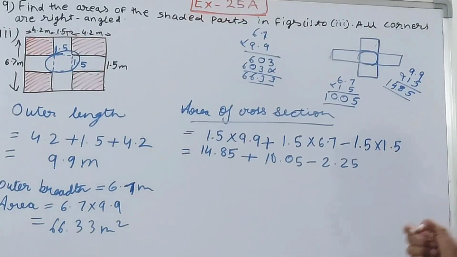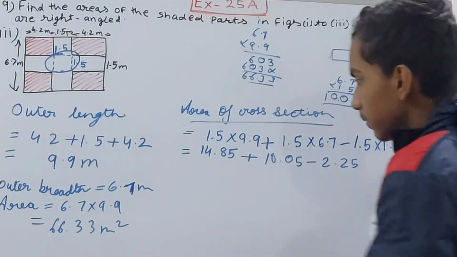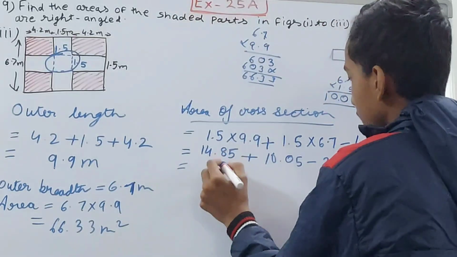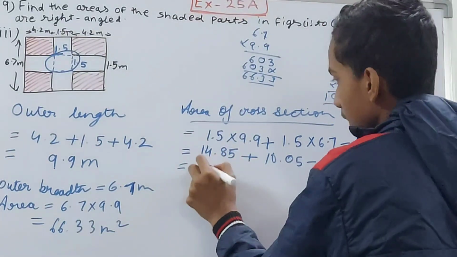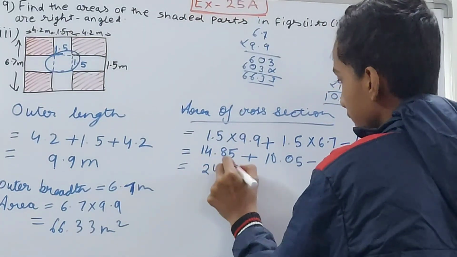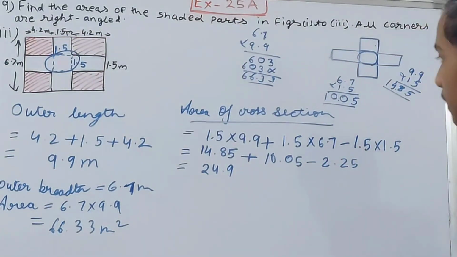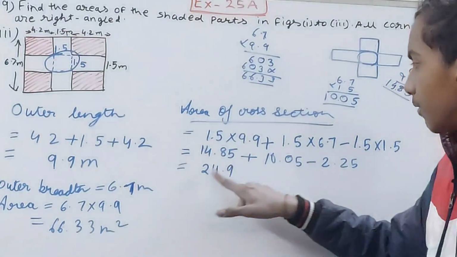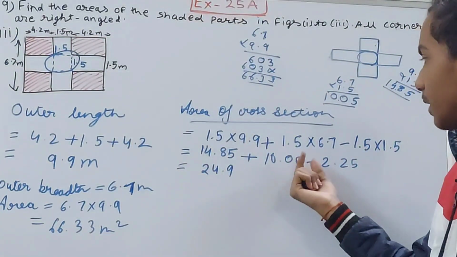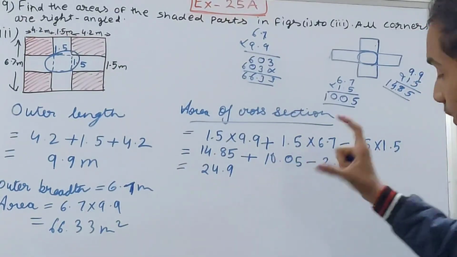So you can see we've multiplied, and now you can solve this as you like. You'll have 24.9, okay, see, 14, 10, 24, and this 85 and 5, 9, 0, 9, right?